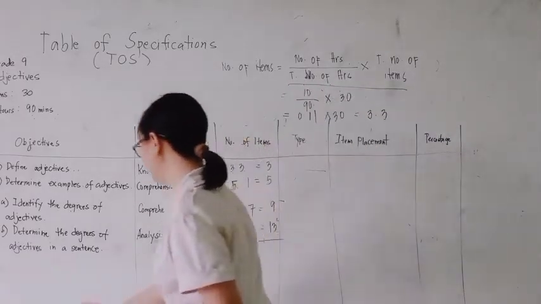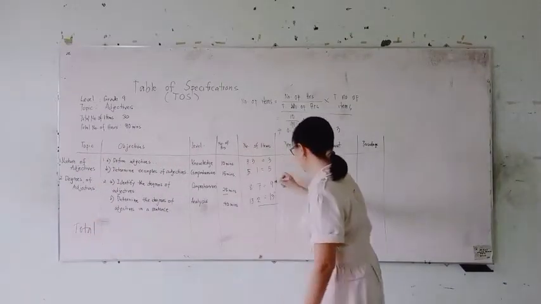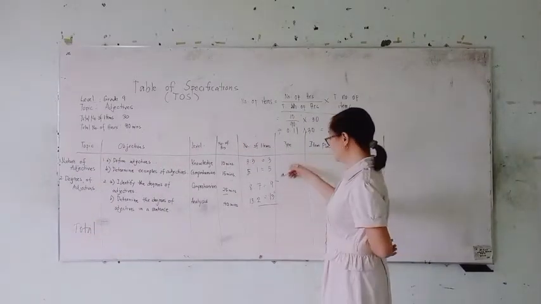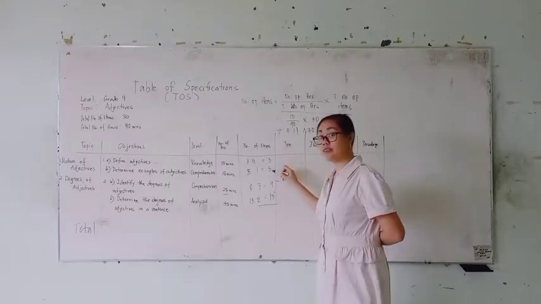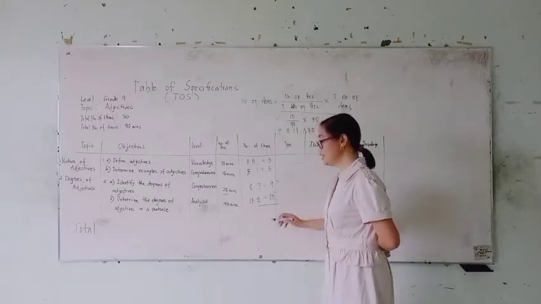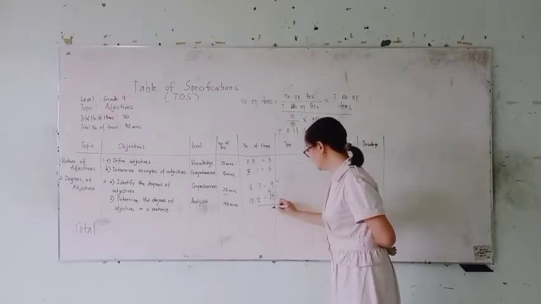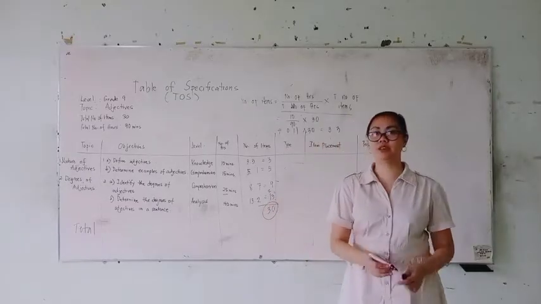So, dito sa last part na ito, ilalagay natin yung total. Ano ang total number of items? So, you have to compute 3 plus 5 equals 8 plus 9, 17 plus 13, 30. We have 30 items.